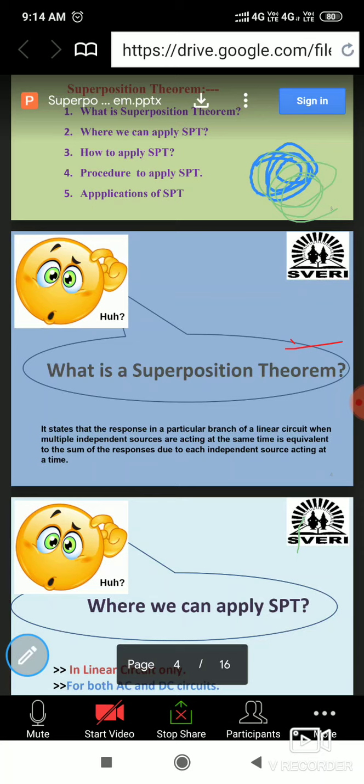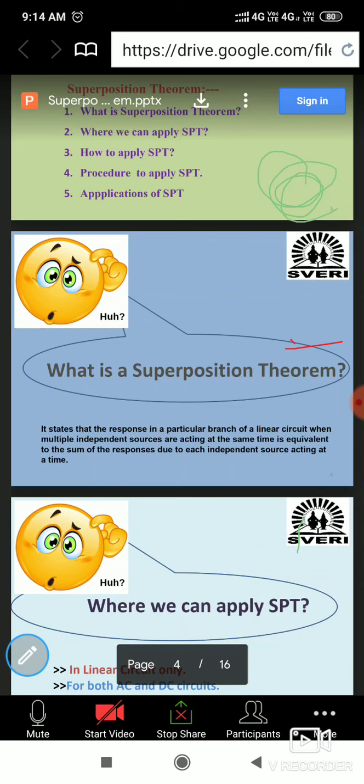The superposition theorem we can apply in a linear circuit only. So what do you mean by linear circuit? A linear circuit means one in which there is a linear relationship between voltage and current across any element in the network.